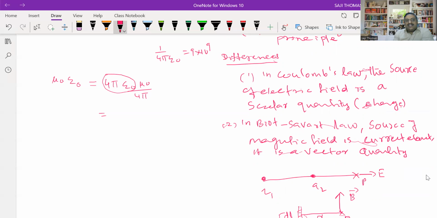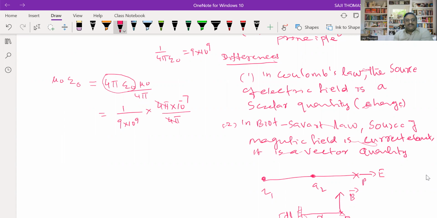So we can write this as 1 by 9 into 10 raised to 9 into mu 0. What is mu 0? 4 pi into 10 raised to minus 7 divided by 4 pi. So you can cut this 4 pi and 4 pi.